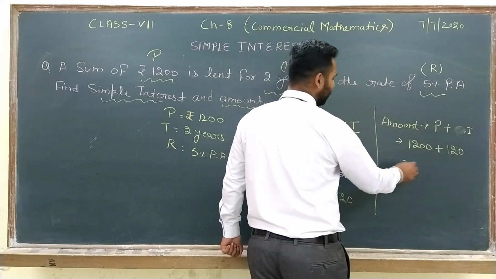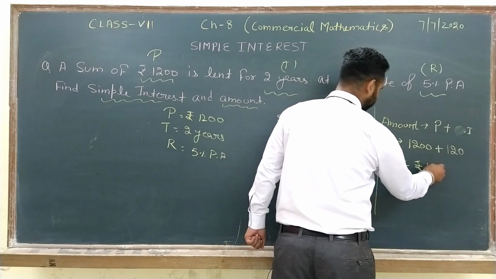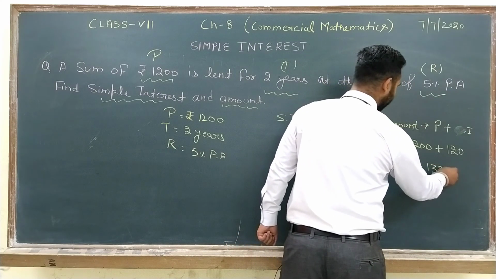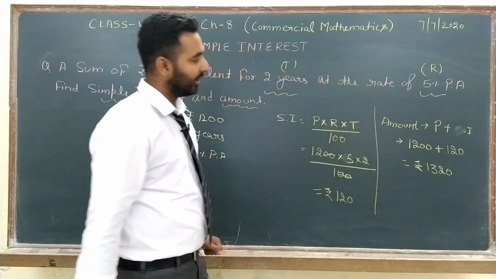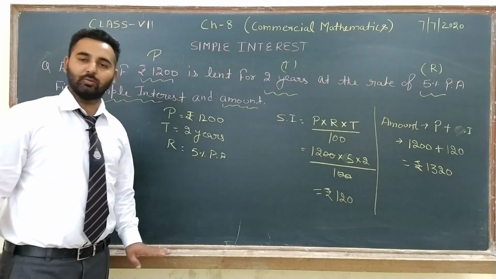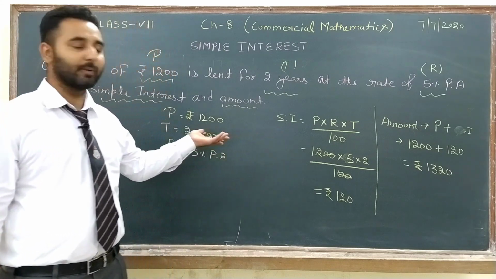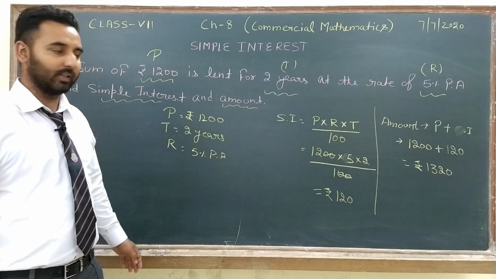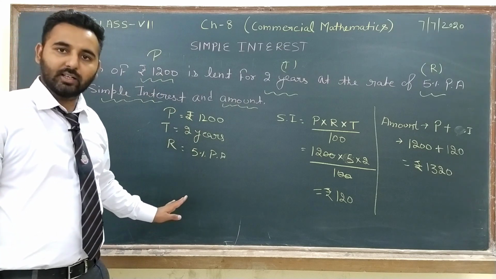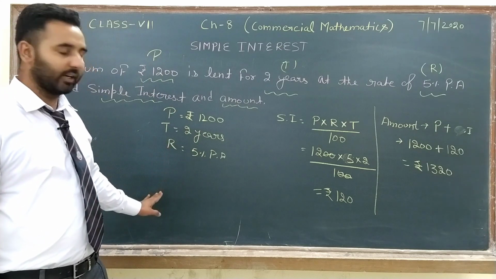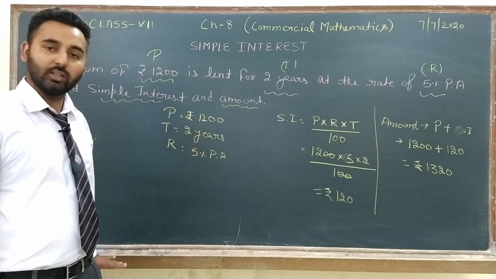So in total I will pay 1320 rupees. So that will be your amount. So the formula for amount is principal plus interest. Here we are talking about simple interest, so we have to put that value. I hope the complete concept is clear to you, how to find out simple interest and how to find out the amount.